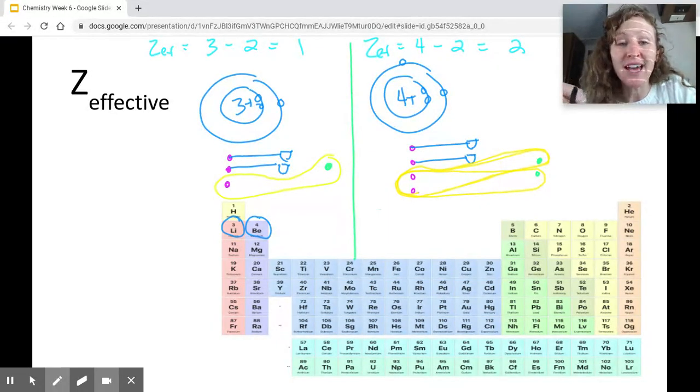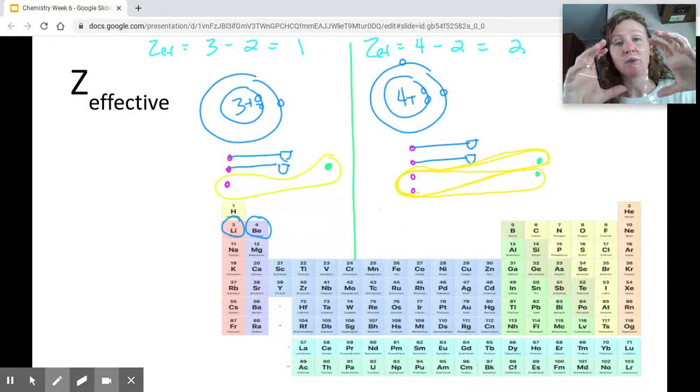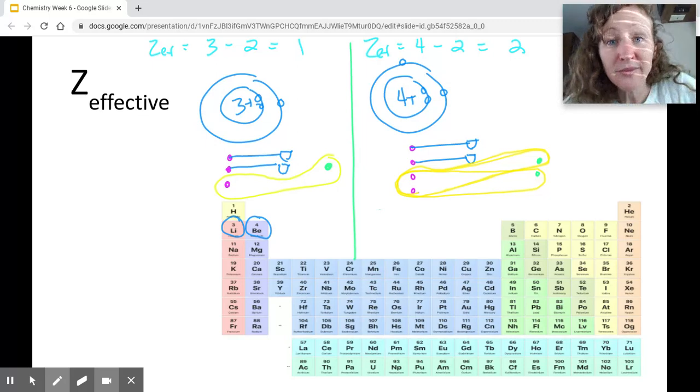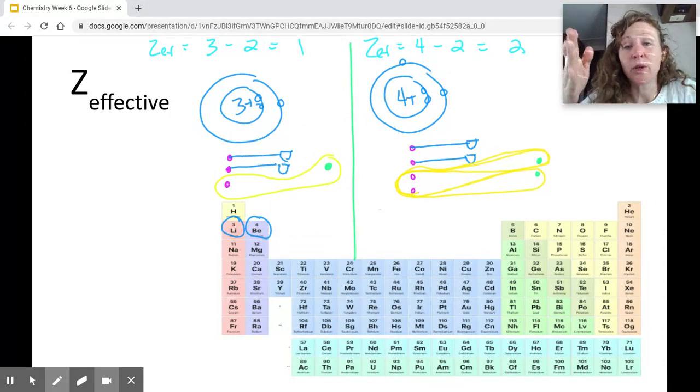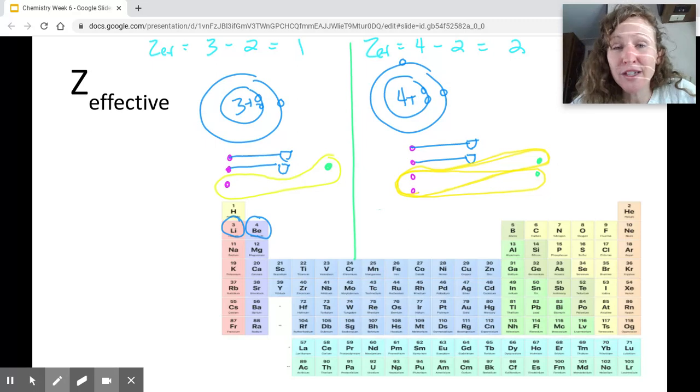So notice that because they have the same amount of core electrons, lithium and beryllium are going to have different Z effectives. So why is beryllium smaller? Well, even though its valence electrons are blocked by those core electrons, it still feels an increased nuclear charge when compared to lithium. Why does it take more energy to rip one of those electrons away? Why does it have greater ionization energy? Well, it's at similar distance to lithium, and it feels a nuclear charge of 1 more than lithium feels.